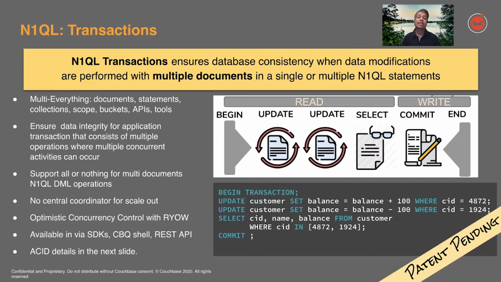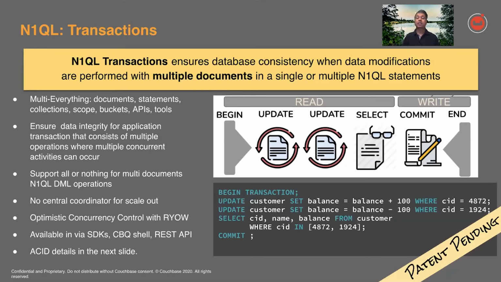If in fact there is any change to the document, then the whole transaction is aborted and rolled back, and the customer or the application will have to reissue the transaction and retry this whole set of operations.